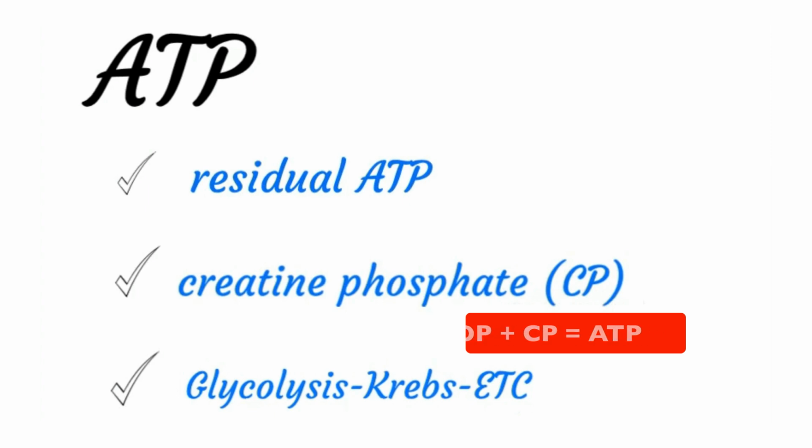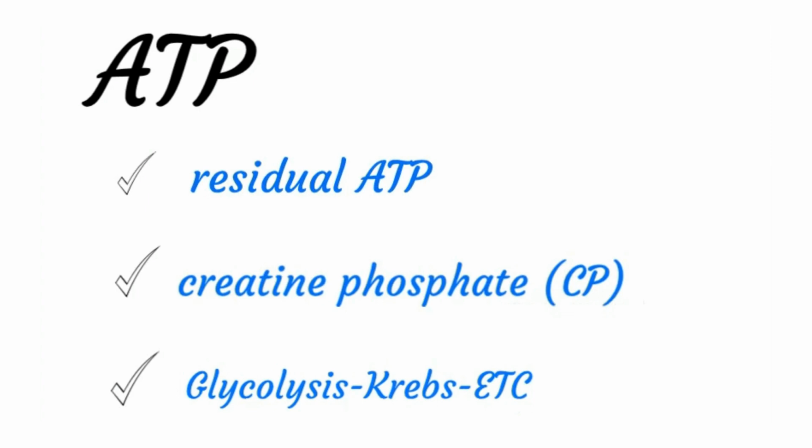And then the other source of ATP is glycolysis, the citric acid cycle, and the electron transport chain. Citric acid cycle, once again, is the same thing as the Krebs cycle. And when I say electron transport chain, I am including chemiosmosis and oxidative phosphorylation within that equation. To be clear, our cells, our muscles, can use fats to produce ATP.